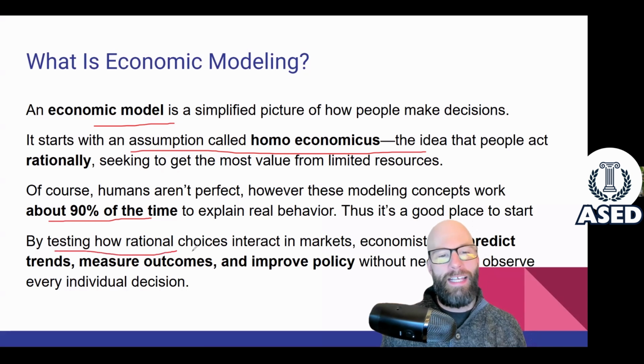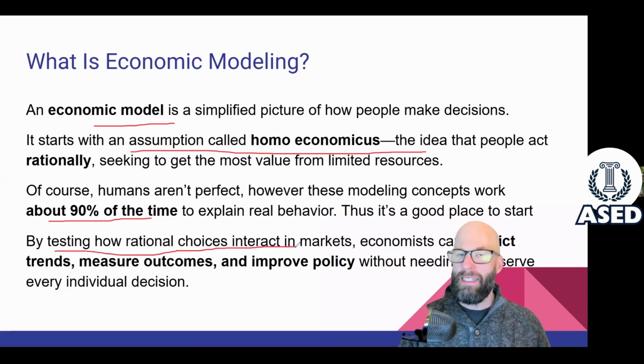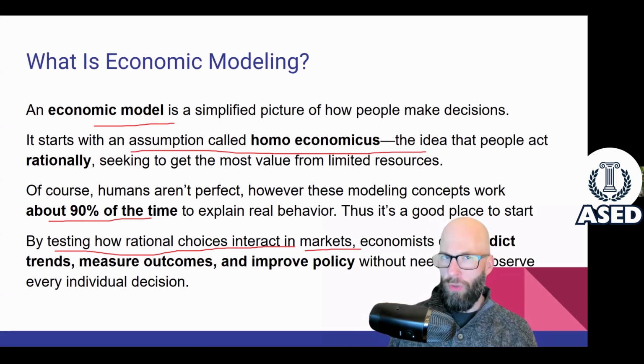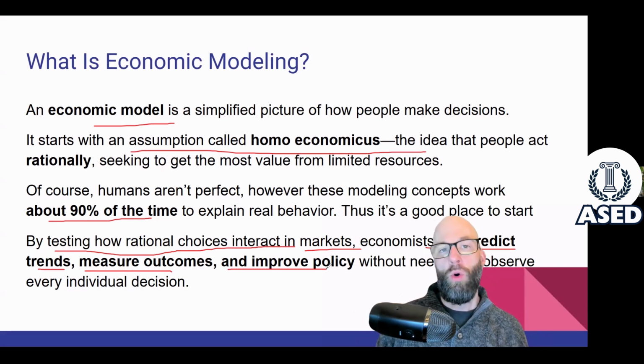And we can test how these rational, self-maximizing choices are made in places like markets. So economists, people who think about economics, can predict trends, measure outcomes, and hopefully improve decision making or government policy without needing to observe every single interaction in society.